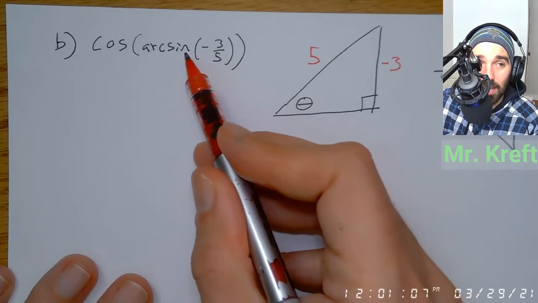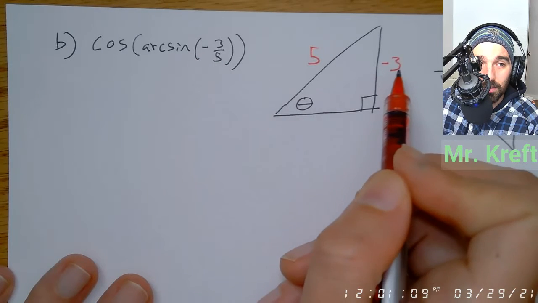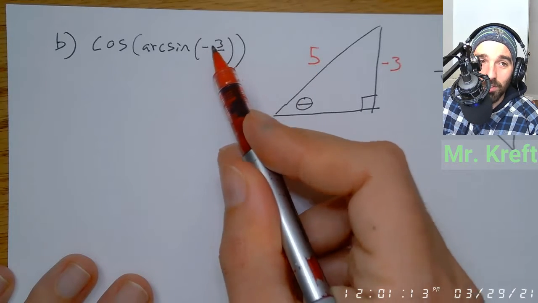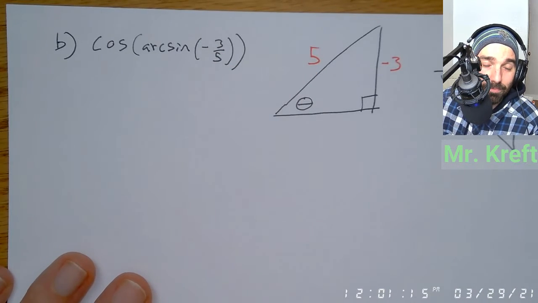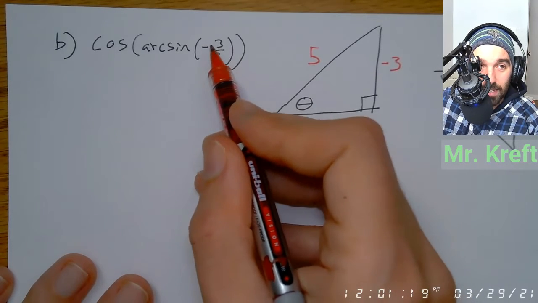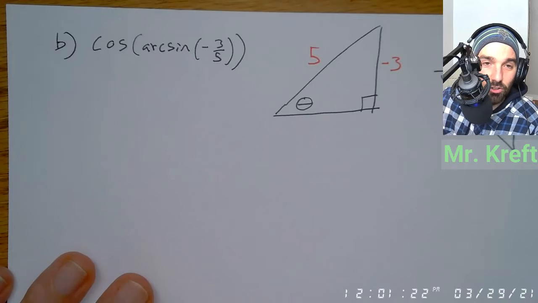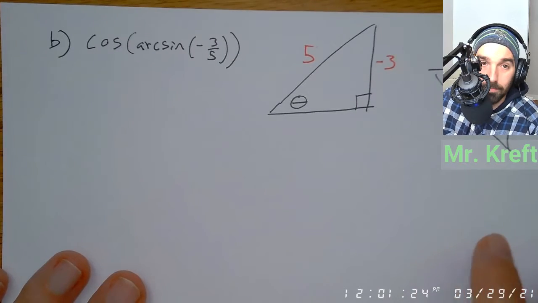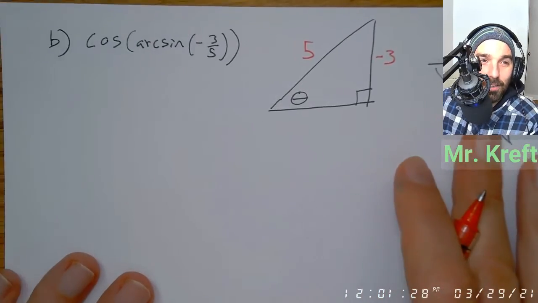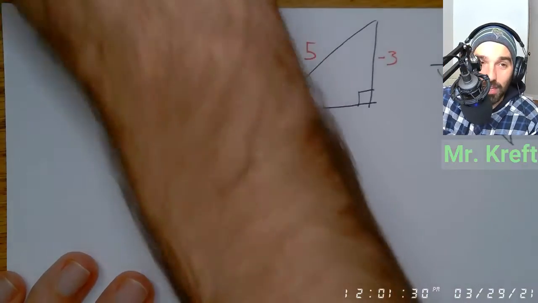I have arc sine, so that means sine is opposite over hypotenuse. The negative will always go with the top number. If it doesn't say, the negative goes with the top number. That's just a rule of thumb. How are we doing here? Do you guys see this? Okay, cool.